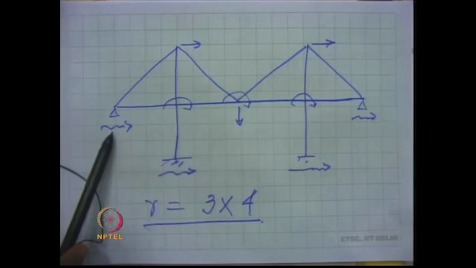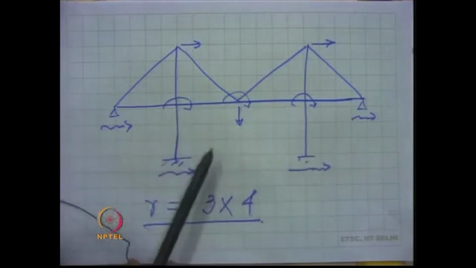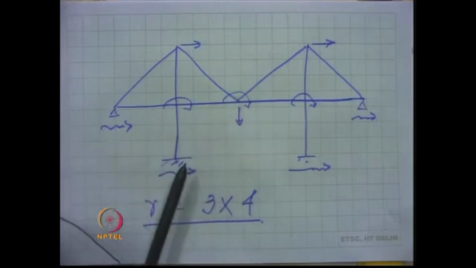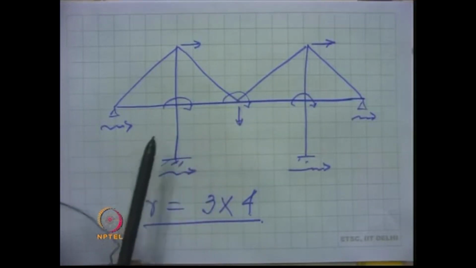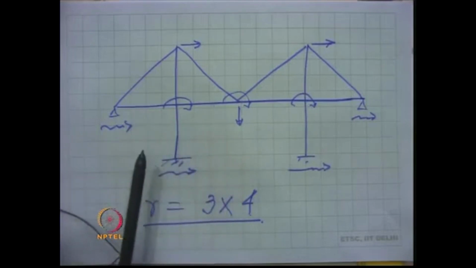There were 4 support degrees of freedom and 3 rotations. So, we condensed out the rotational degrees of freedom first and then formed a 4 plus 3, 7 by 7 matrix.